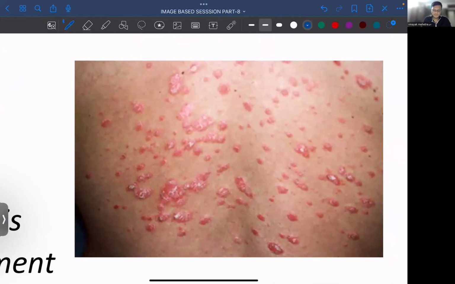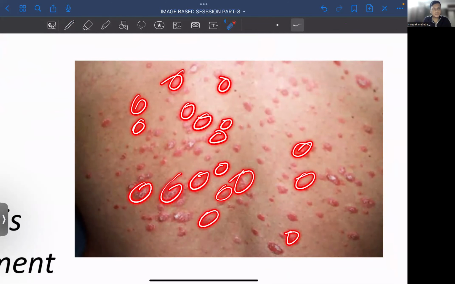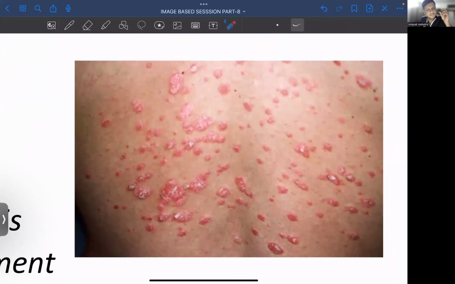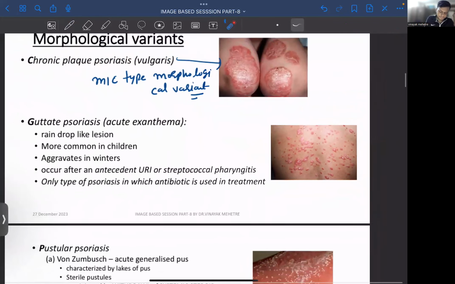If you know Hindi, गट्टे बोलते हैं, हम गट्टे की सब्जी खाते हैं, right? These are the गट्टे. In गट्टे की सब्जी, what do we make? We make a round or cubical shaped gatta, right? Same over here, round or cubical shaped gatte on the back is called guttate psoriasis.